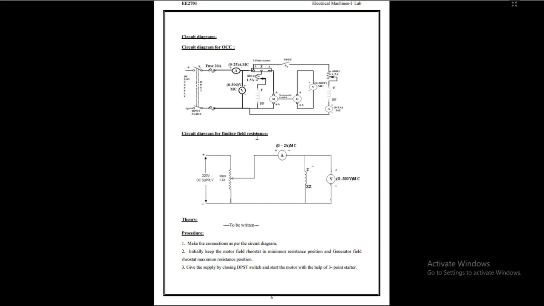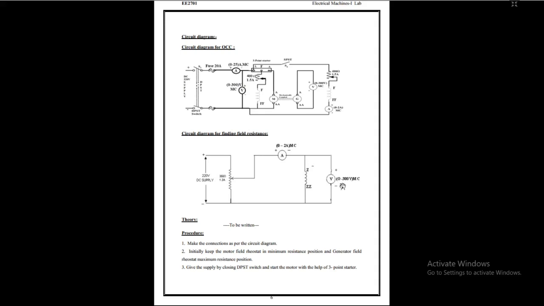While doing this experiment, we have to find out the field resistance. In order to find the field resistance, connect the field here, connect an ammeter and a voltmeter across it, and vary the DC supply using the rheostat to get voltmeter and ammeter readings.